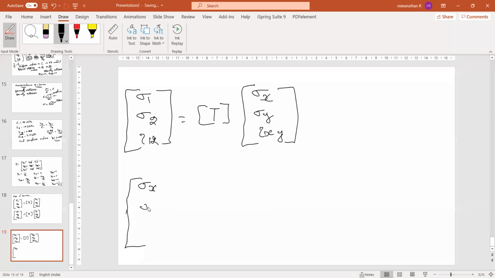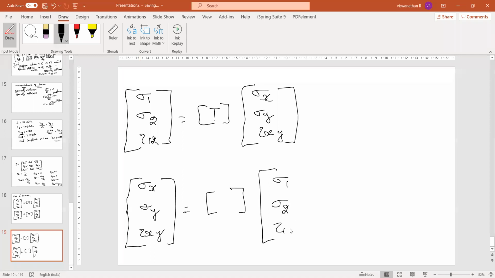Sigma x, sigma y, tau xy is equal to the, what is this one? It is T inverse.